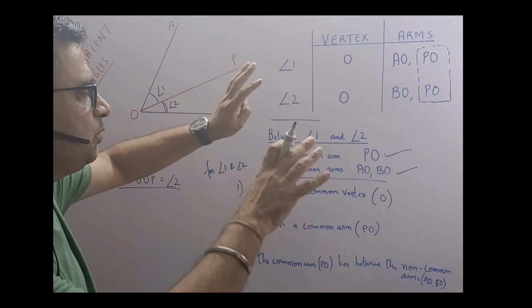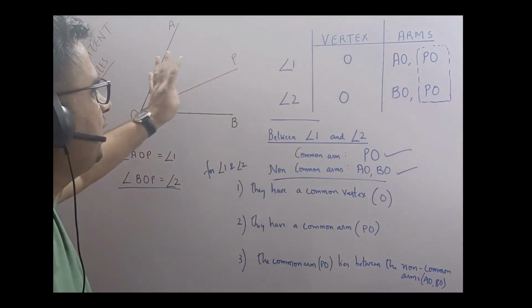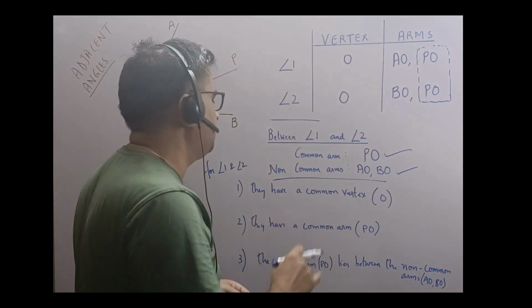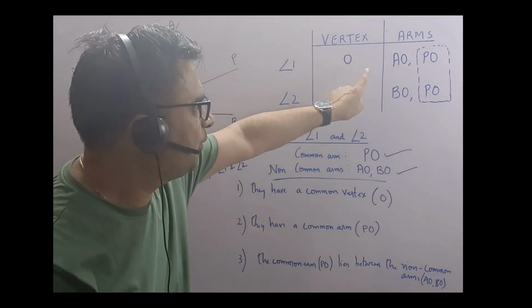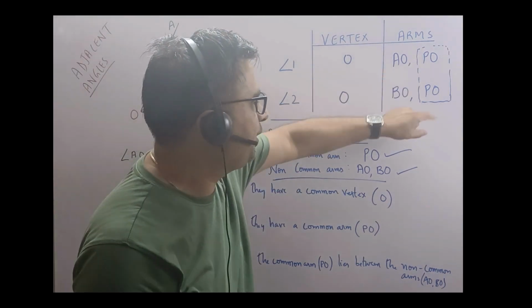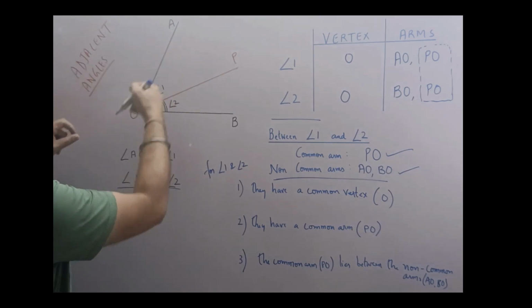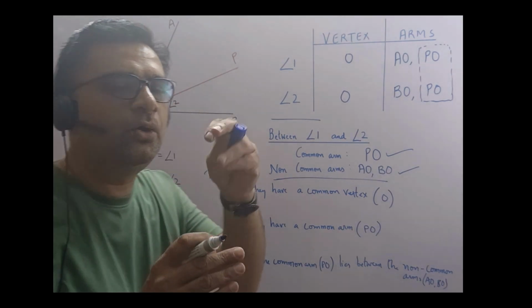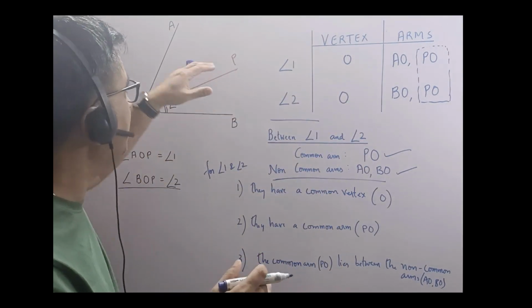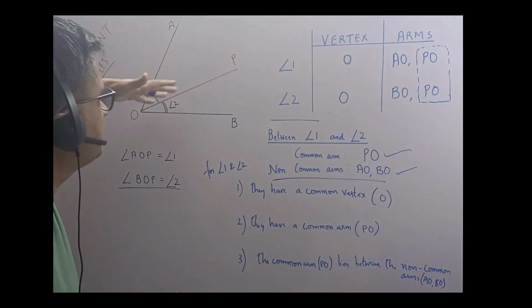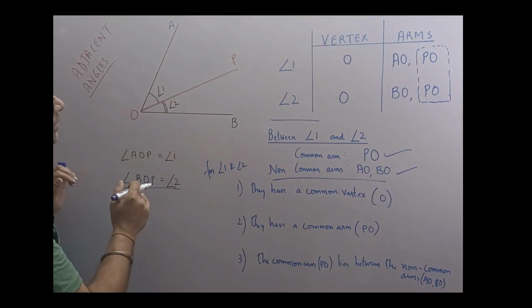And what conclusions? This is summarizing everything that we have seen across this figure and this table. They have a common vertex O. They have a common arm PO, and the common arm PO lies in between the non-common arms, which means one non-common arm, AO, would lie on the left of this common arm, and the other would lie on the right of this.